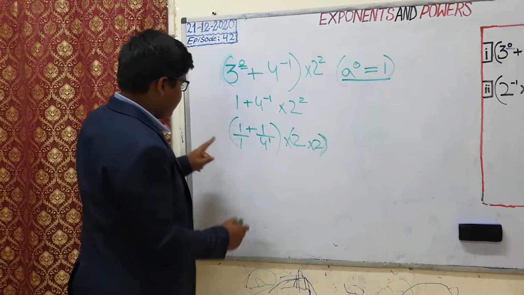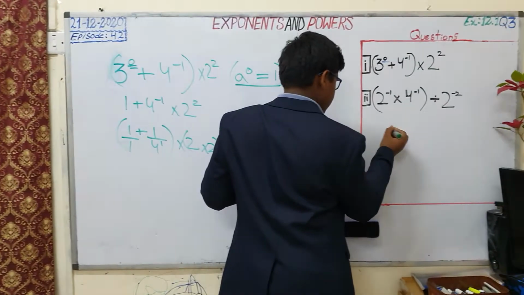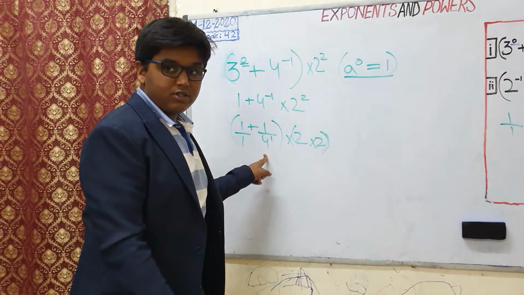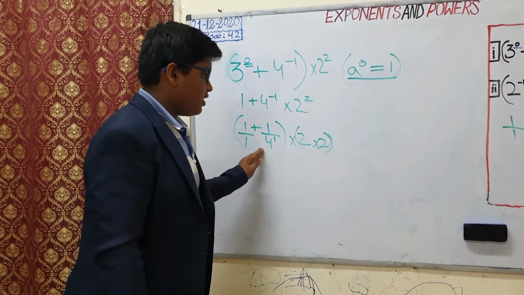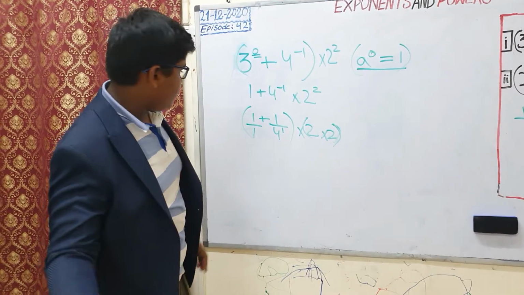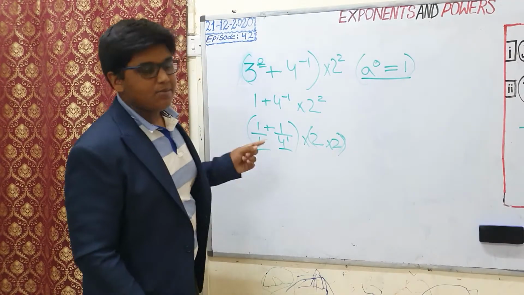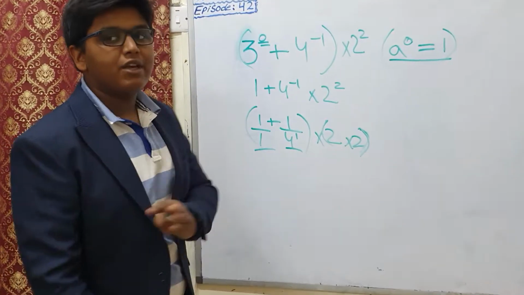Then now let's find the LCM. We have 1 and 4, so the lowest common multiple here is 4. Now 1 into 4 equals 4, and 4 into 1 equals 4.